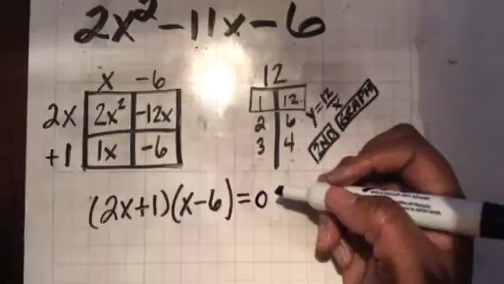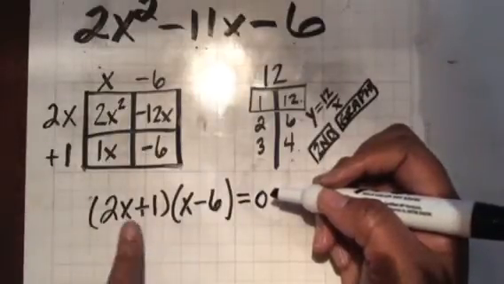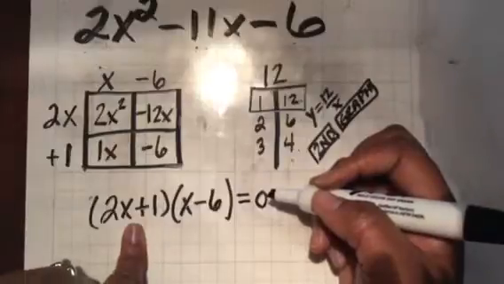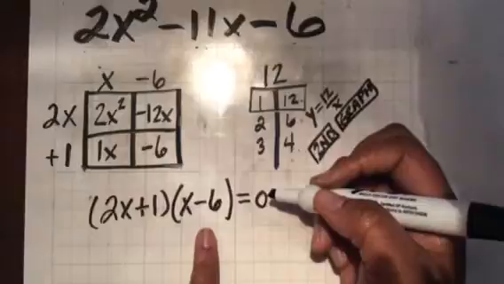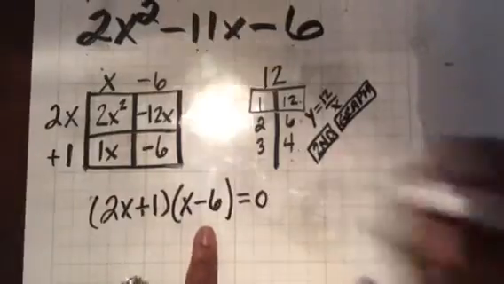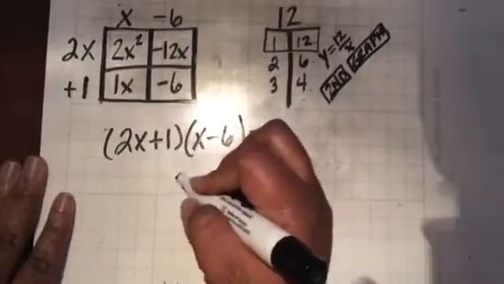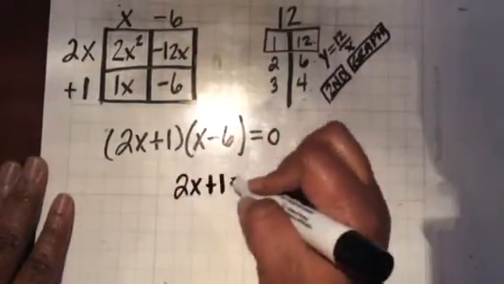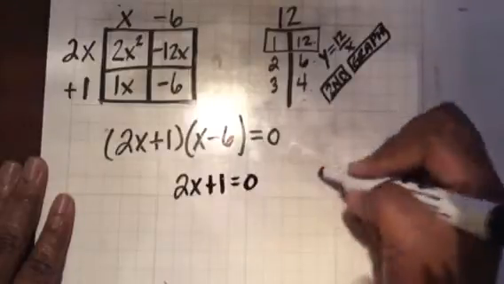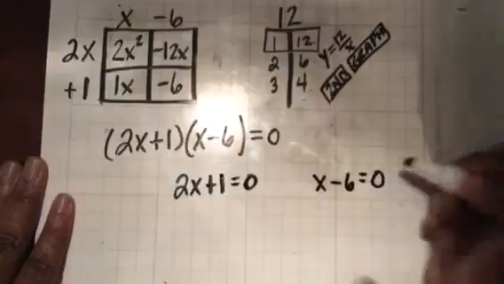And you know that anything times 0 is 0. So if I set this binomial equal to 0, I can solve for x. And then I can set this binomial equal to 0 and solve for x. So let's do that. So first we have 2x plus 1 equals 0. And then we have x minus 6 equals 0.